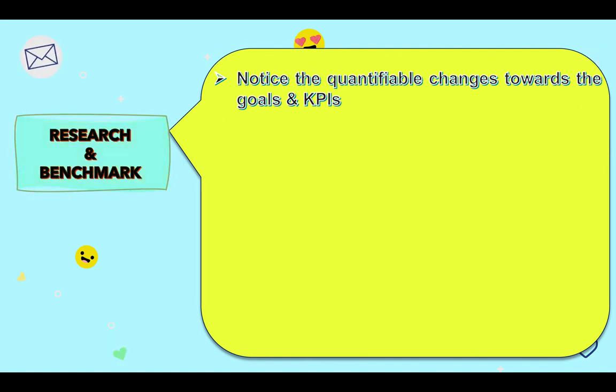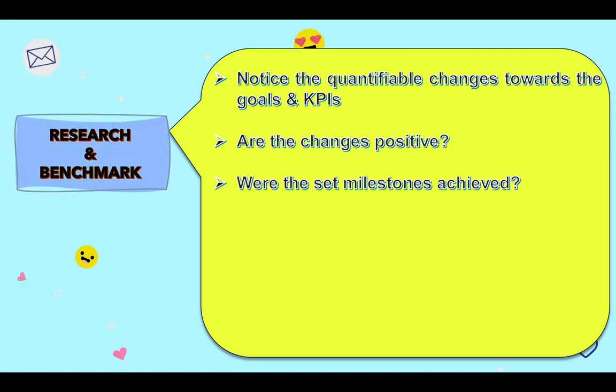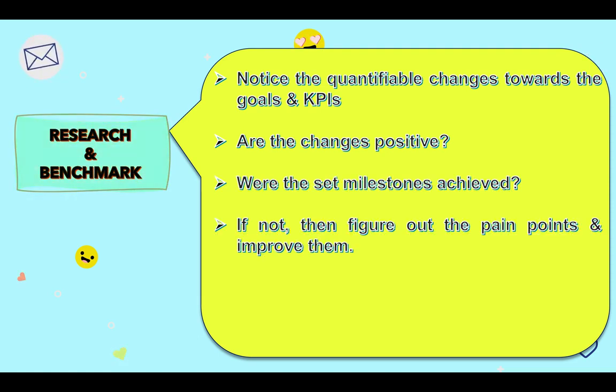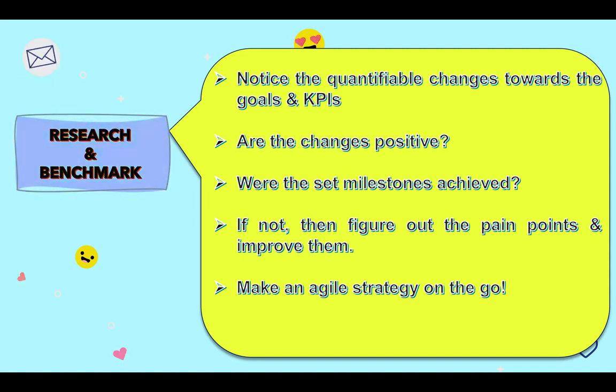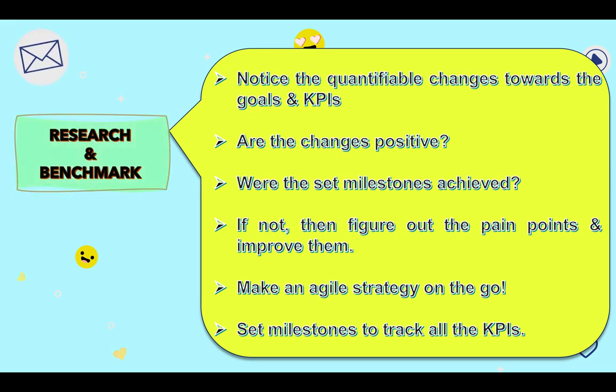In other words, I made this much progress in my customer acquisition target or subscription targets, etc. And on the other side, if we end up not making progress, then we will discover it early on in the process, as our set milestone won't be achieved, which will lead us to figure out why and where exactly is the missing link, or what are our remaining pain points. So we address them and improve our marketing strategy on the go for stronger and better impact. And just repeating myself once more here, you should definitely set milestones for tracking all your KPIs.